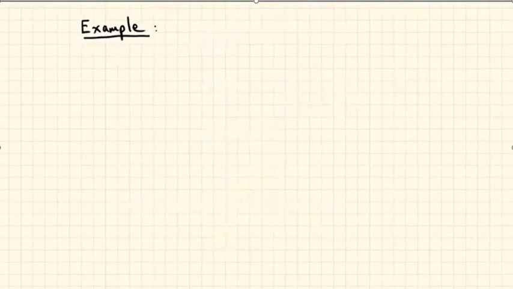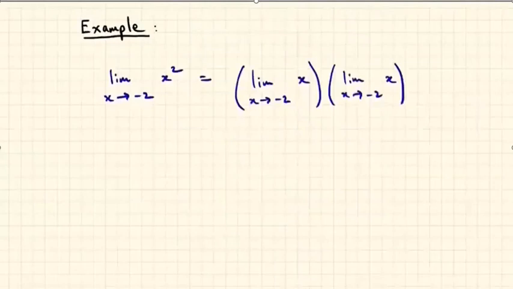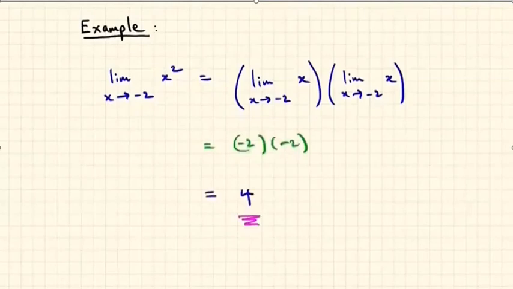As another example, the limit of x squared as x approaches minus 2 is, by a limit law, the square of the limit of x, which is minus 2 squared, which is 4. This also makes sense graphically. The graph is a parabola.